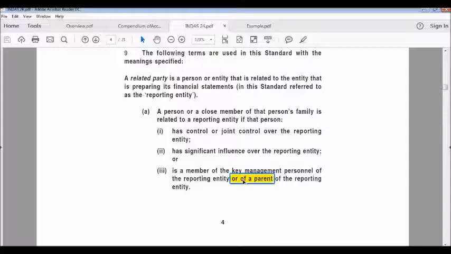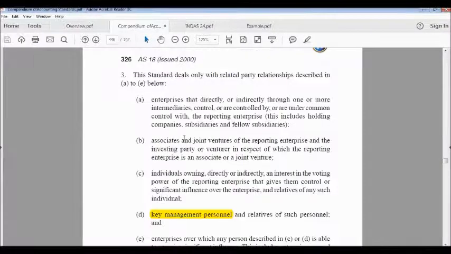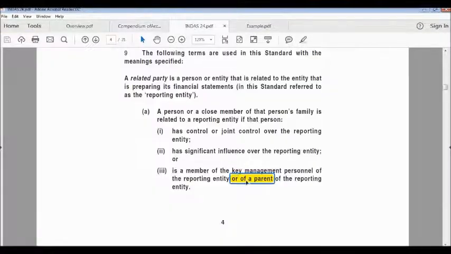Therefore, if a person is a key management personnel of a parent as well, then those key management personnel will also be a related party to the reporting entity. But earlier it says just key management personnel, not the key management personnel of the parent. So this is also a difference.